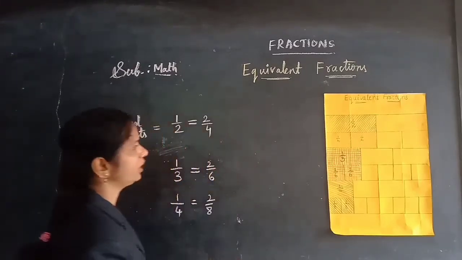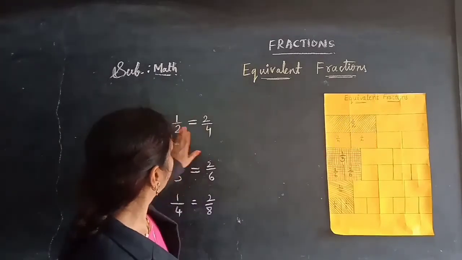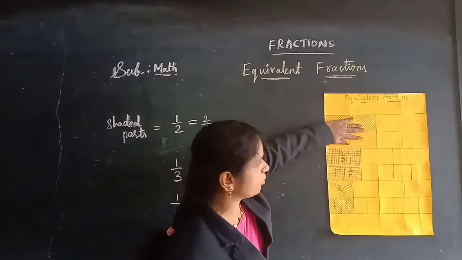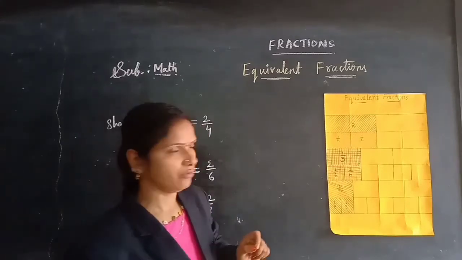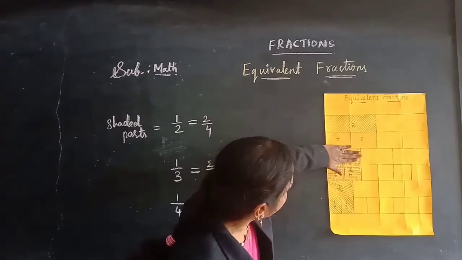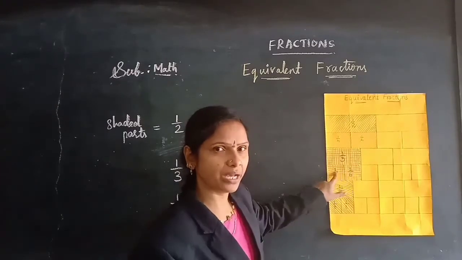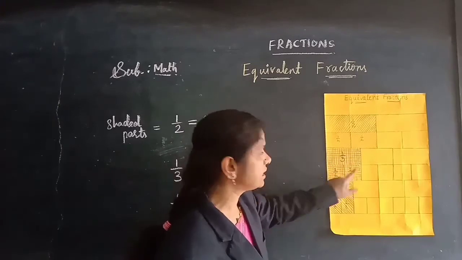These are the equivalent fractions, children. So 1 by 2 is equal to 2 by 4, 2 parts of the 1 by 4. These two are equivalent fractions. And comparing here, 1 by 3 is equal to 2 parts of the 1 by 6, so 1 by 3 is equal to 2 by 6.